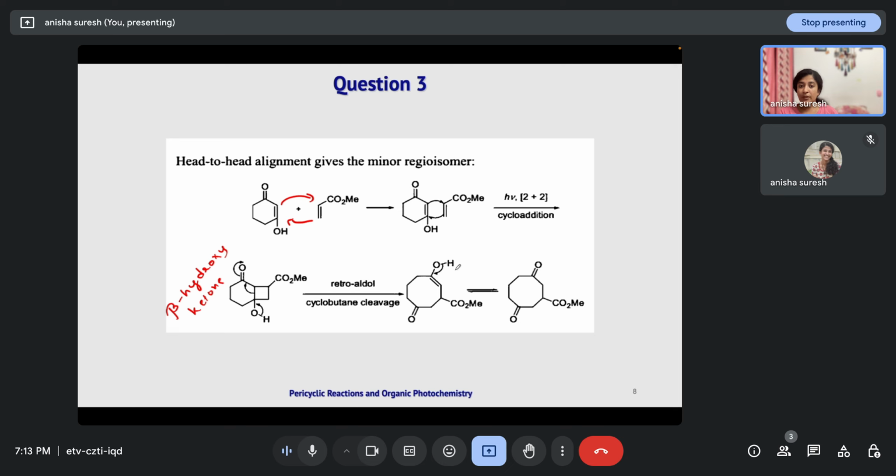This enol will undergo keto-enol tautomerism, leading to formation of this 1,5-diketone. So this will give the minor regioisomer, but electronically the other reaction is favored and it will give the major product. Okay, any doubts?